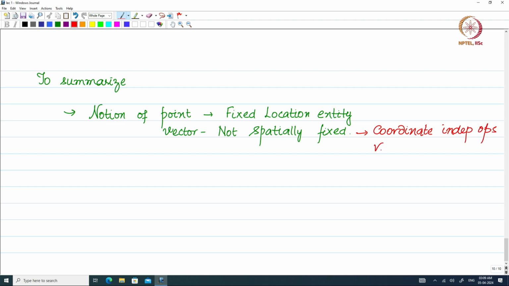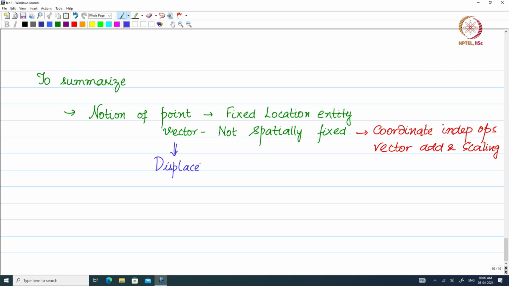wherein we did vector addition and scaling basically, and in fact prior to that we looked at the idea of vector as a displacement.